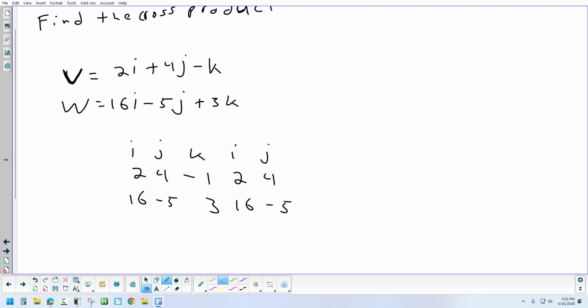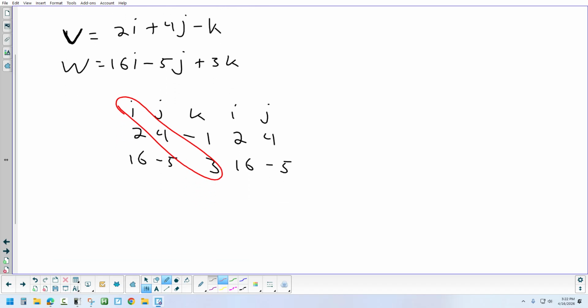Like the diagonals. Yep. So we start with the ones that go down and to the right. So we have I times 4 times 3. Alexis, what's I times 4 times 3? 12I.